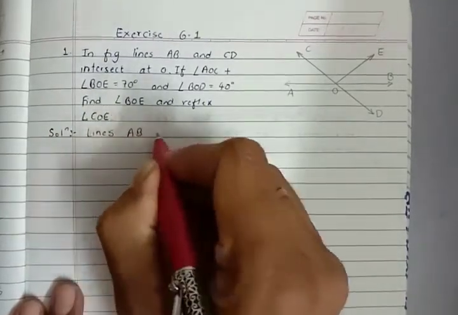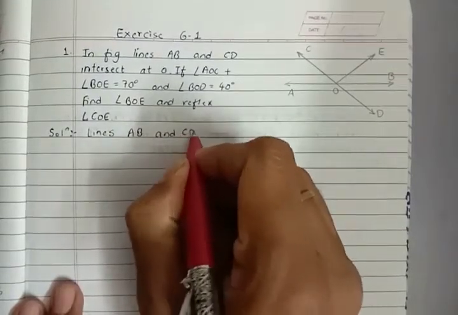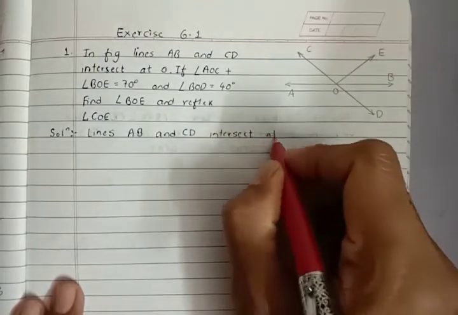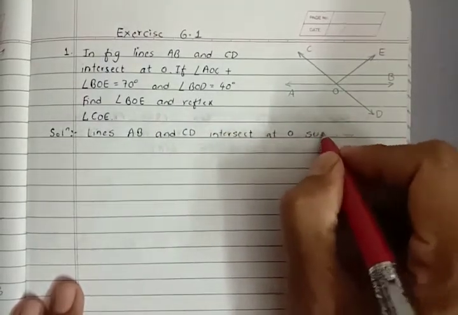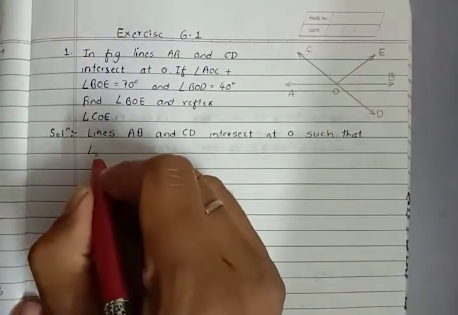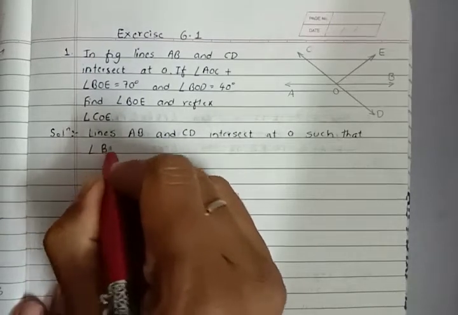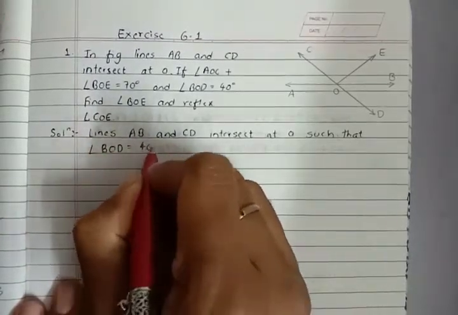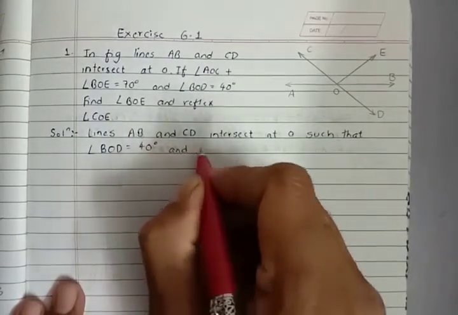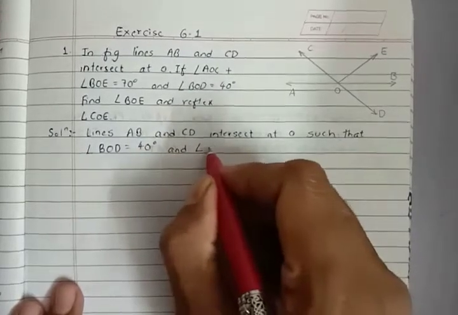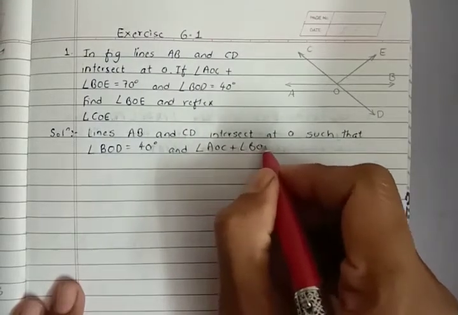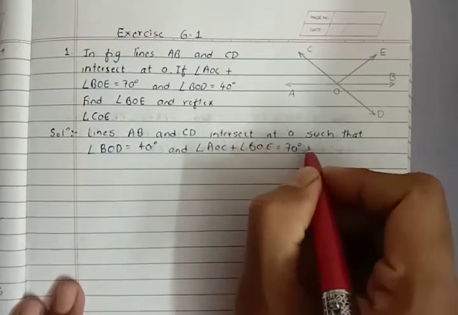Lines AB and CD intersect at O such that angle BOD equal to 40 degrees and angle AOC plus angle BOE equal to 70 degrees.